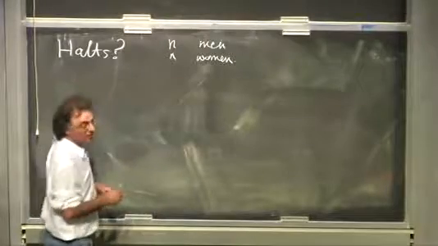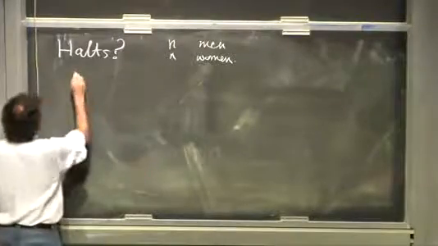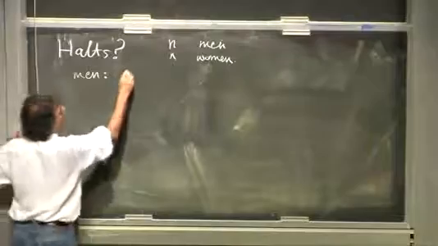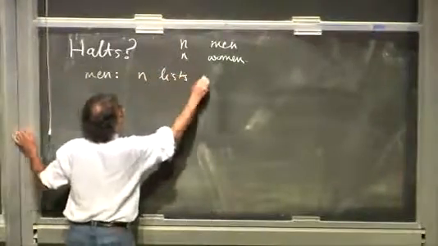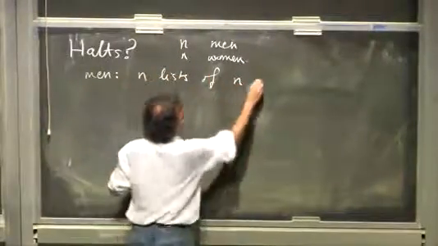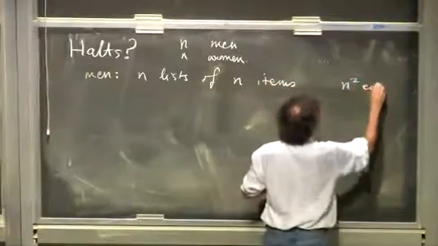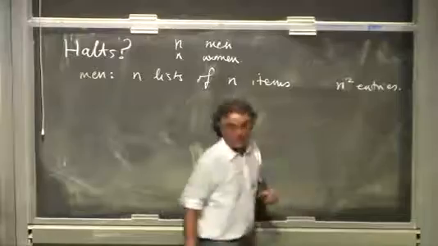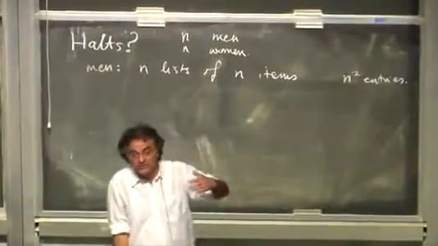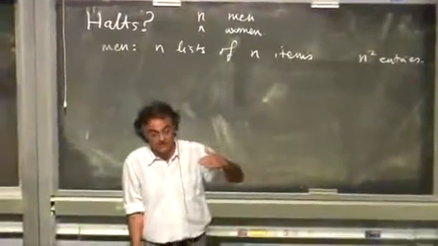Then among the men's lists, the men have n lists of n items, which is n squared entries. Each day that the algorithm does not halt, at least one of these entries gets crossed off.